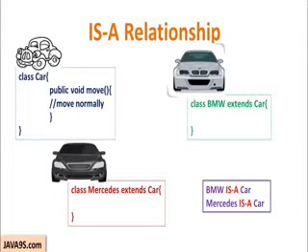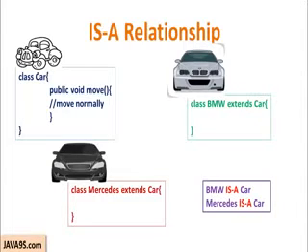As we already know, through inheritance the subclasses get all the methods available through the subclass objects. That means if I create an object of Mercedes, I can use the Mercedes object to access the method move, which is actually defined in Car.